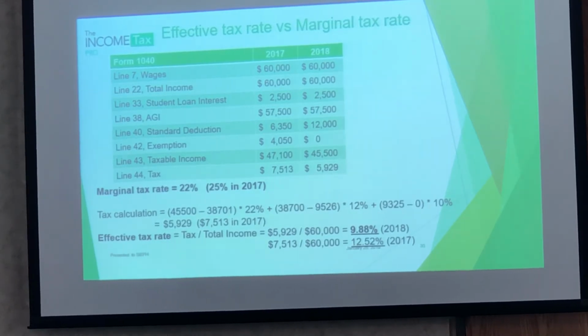If you didn't change your W-4, chances are he's withholding less money than he should. And so chances are you're not going to get as big a refund, or you might actually have to pay a little bit this year, even though your tax liability will be less.